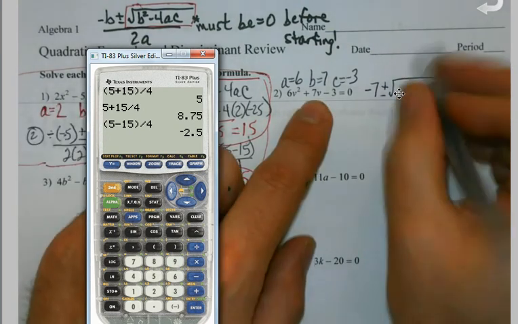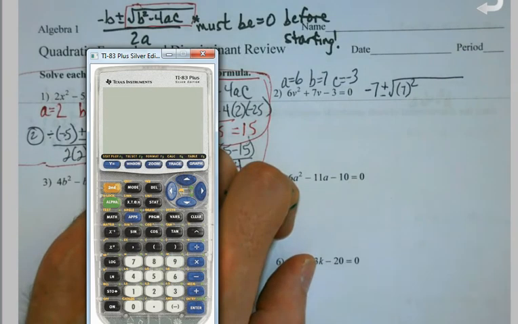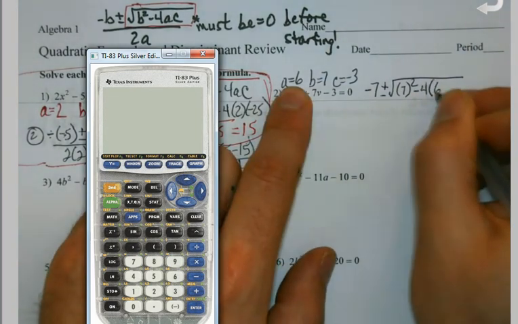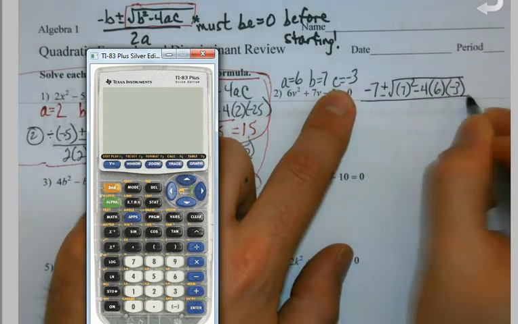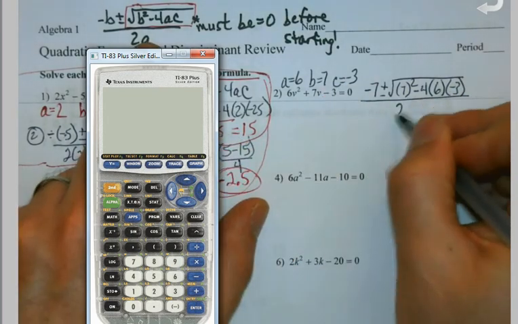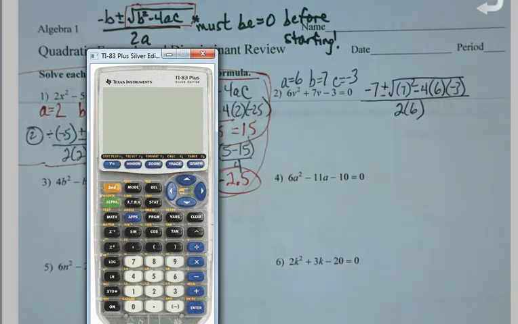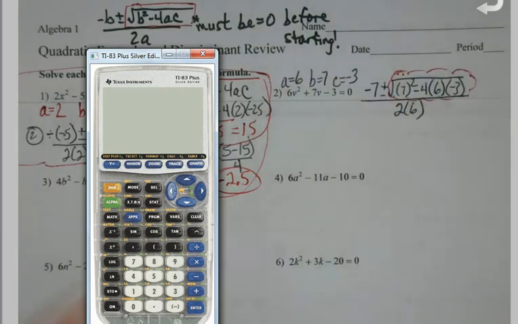So then I've got B squared, which would be 7 squared, minus 4 times A times C, all over 2 times A. So even if I do write it out in advance, I still would go back and take care of just that part first.